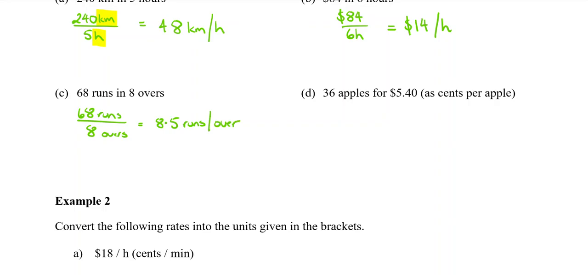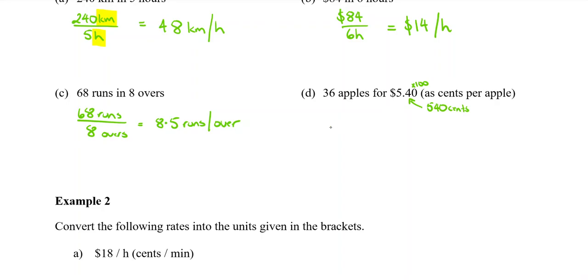Part D, we have 36 apples for $5.40, and it says in brackets that we want this as cents per apple. That means that we want to have the money in cents on top and the apples on the bottom, even though they're written in the opposite order here. So we have dollars here. To change that into cents, we're going to times it by 100, which makes 540 cents.